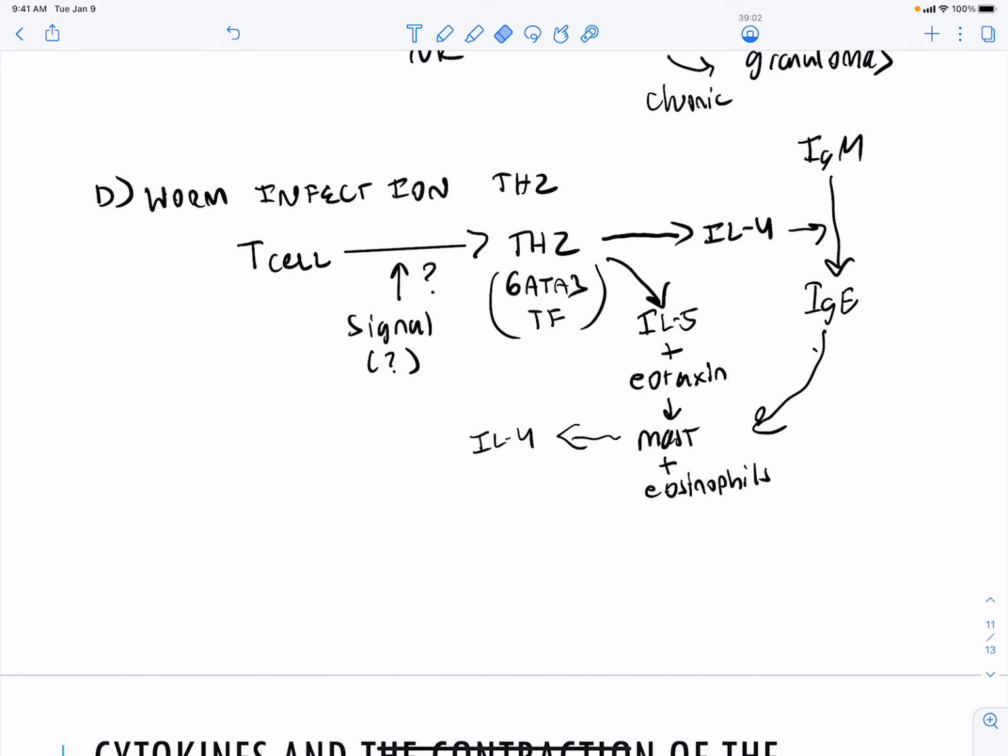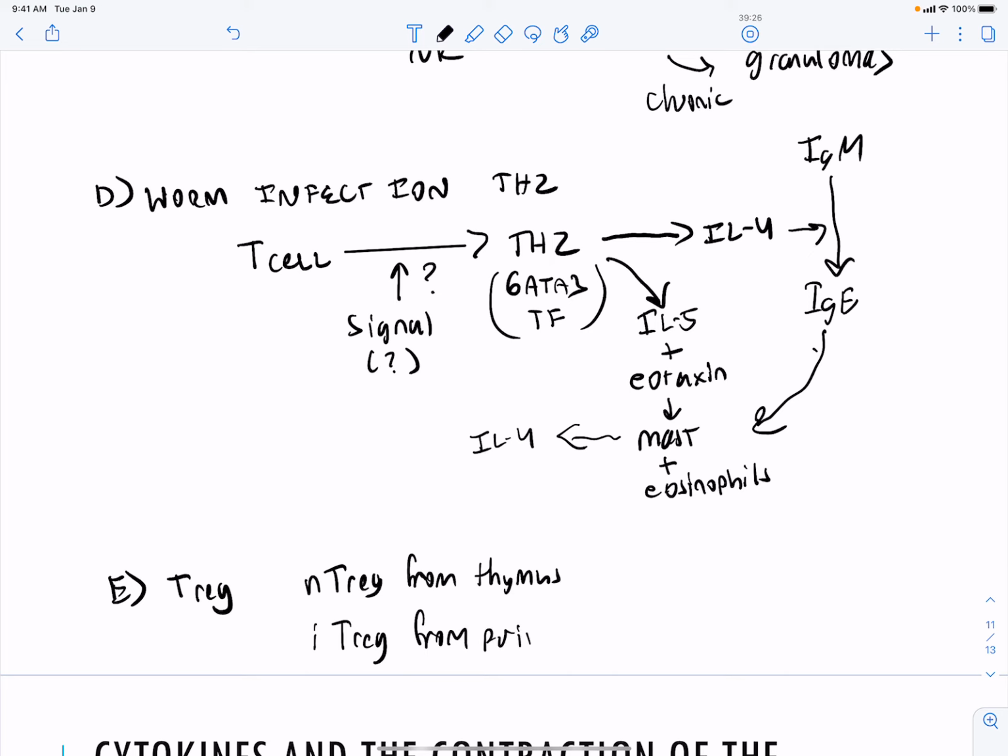And then finally, just with respect to our Tregs, you can have natural Treg, which is from the thymus, or you can have inducible Tregs, which is from the periphery. They're both going to have FOXP3 as a transcription factor.